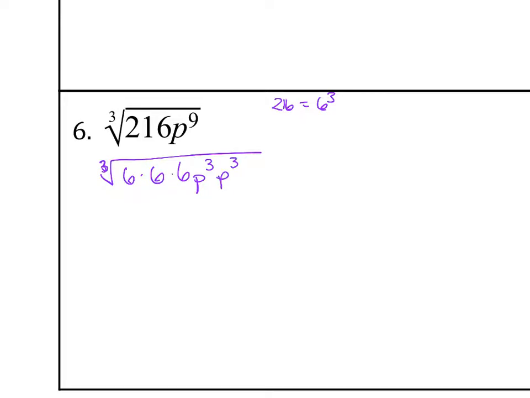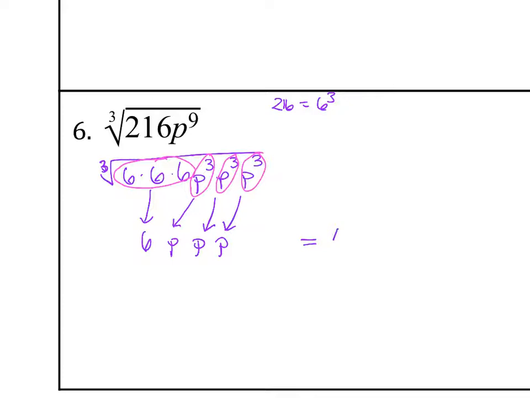Now remember, we're adding the exponent. So 3 plus 3 is 6, so I need one more. 3 plus 3 plus 3 is 9. Now I need to circle sets of 3's. This comes out as a single 6. That comes out as a single p, another p, and another p. Then to simplify all the way, that's 6p to the third power.